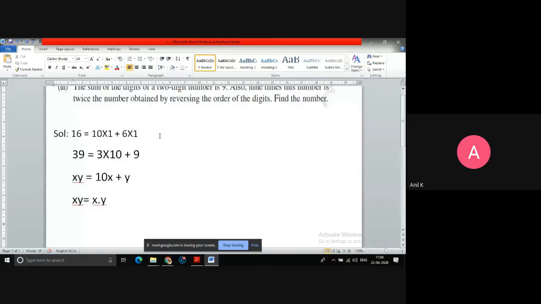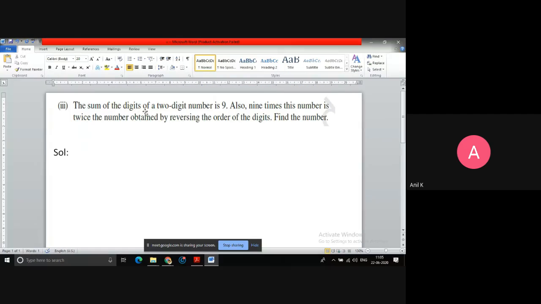Okay, so now I'm removing all this. Read the question. The sum of the digits of a 2-digit number is 9. Also, 9 times this number is twice the number obtained by reversing the order of the digits. Find the number.